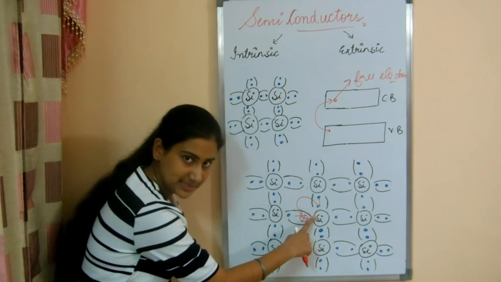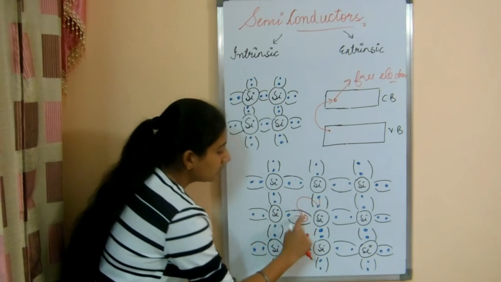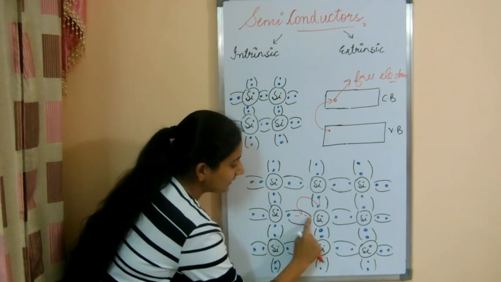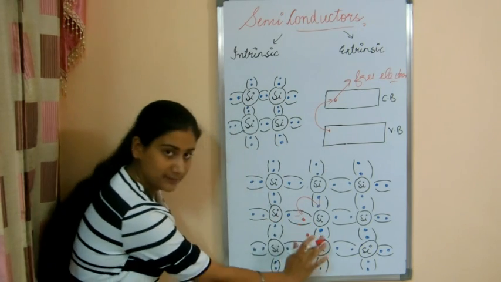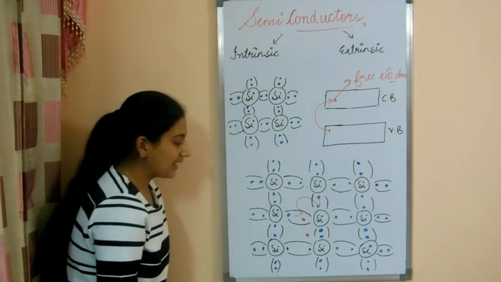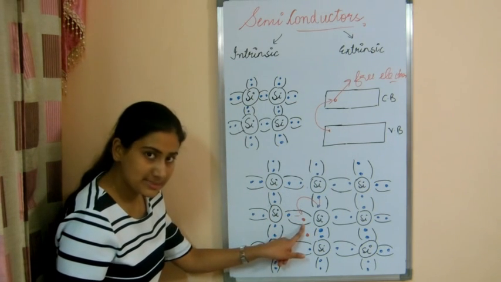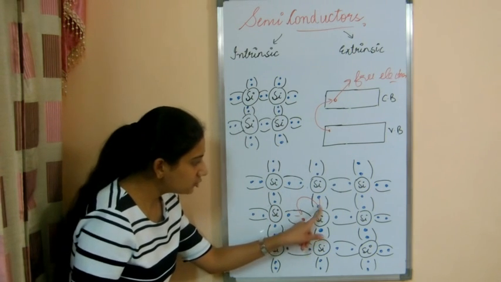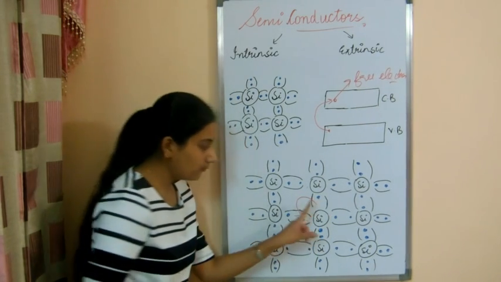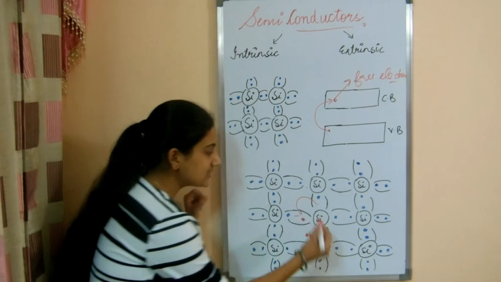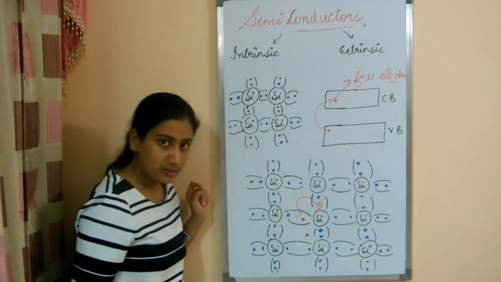This valence electron has jumped into the hole. So this hole and electron get paired up and this atom gets completed. Now earlier the hole was here, but as the electron has jumped here, a vacancy is created here now. So we can see that earlier the hole was here, now it has reached here.